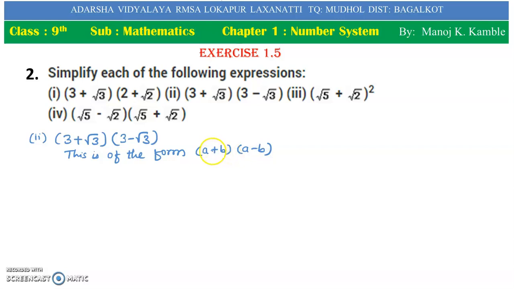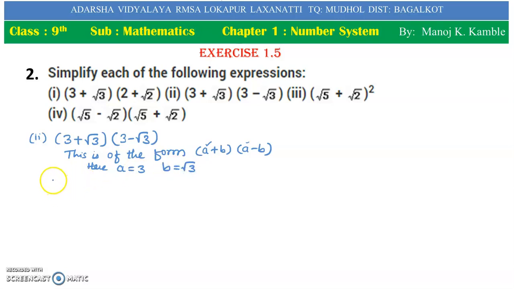In place of a, 3 is present, and in this bracket also 3 is present. So the first bracket has a plus sign, the second bracket has a minus sign, and in place of b the value is root 3. So here a is equal to 3 and b is equal to root 3.